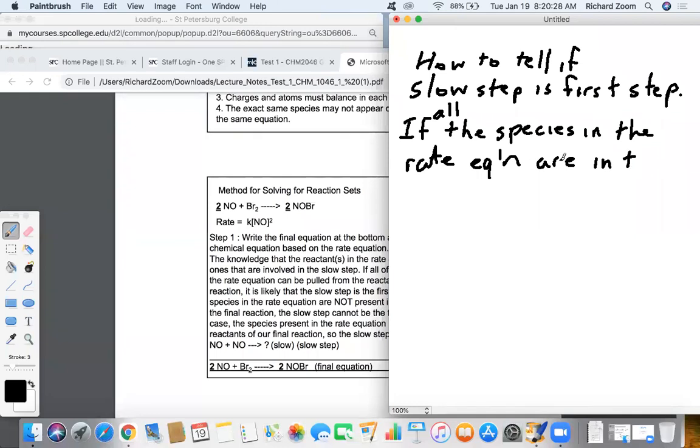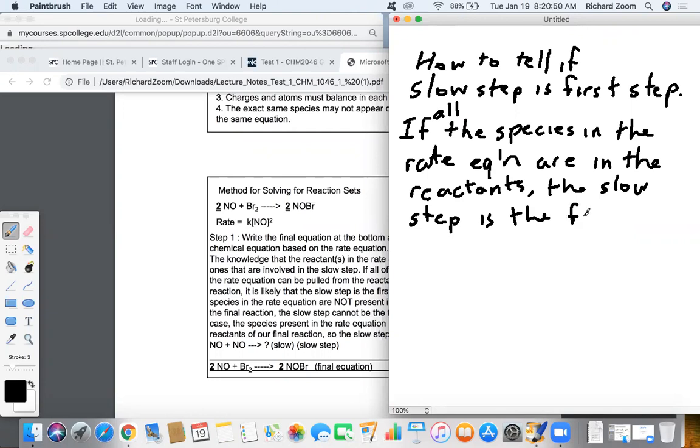If all the species in the rate equation are in the reactants, the slow step is the first step. So I'm going to try and get you to understand that statement here.